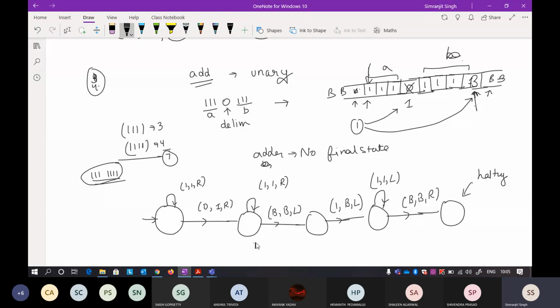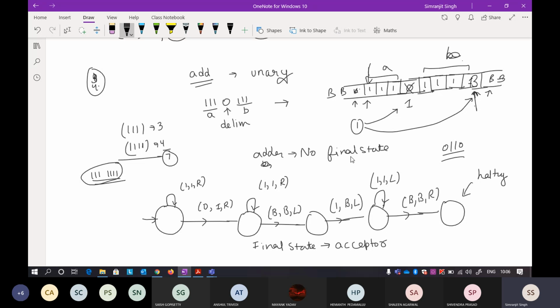In this particular case, there is no acceptor, so it is not accepting the number of ones or the strings. It is not doing anything like that. It is just stopping at a particular thing by changing the input to something. That is why there will be no final state when it is acting as an adder, a transducer, or a comparator.